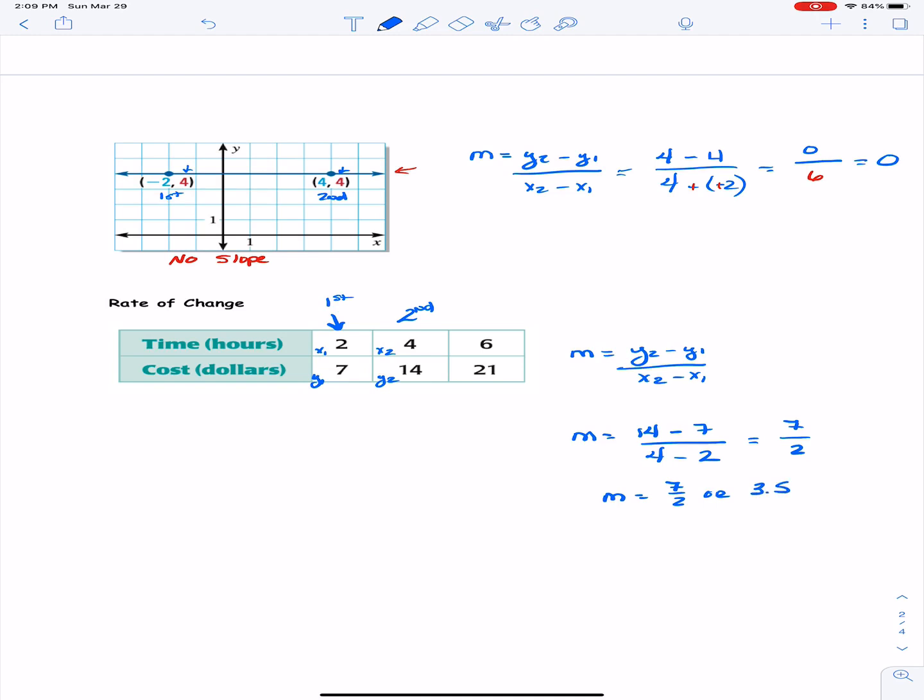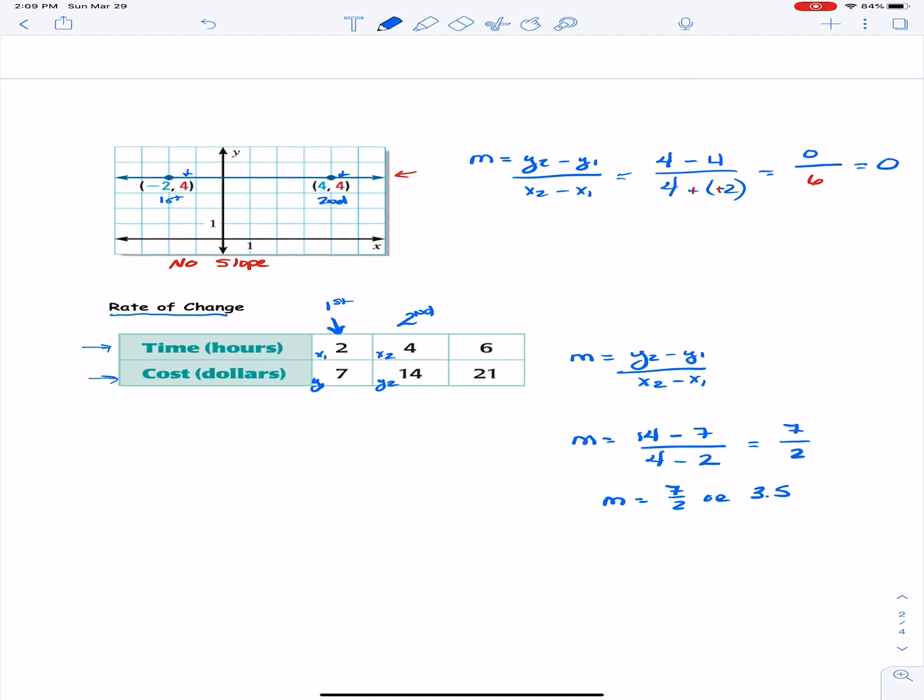Now, why did I change this to a decimal, but I didn't change any of my other ones to a decimal? Well, in this case, we're talking about rate of change. And our table was measuring hours versus cost. For example, let's say that I'm in an internet cafe using the internet. For every hour, I'm going to be paying how much money. And that's what this rate of change gives me.